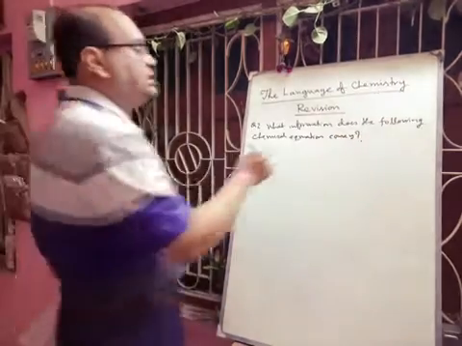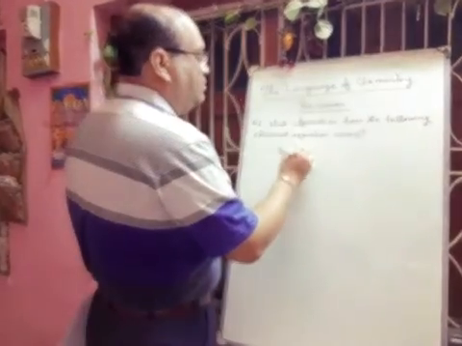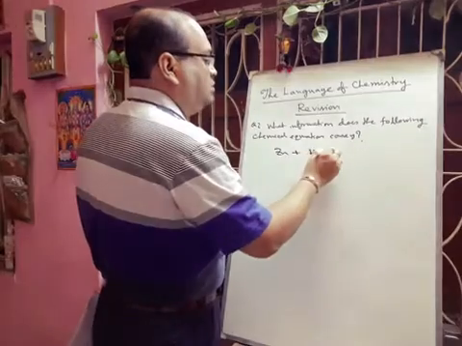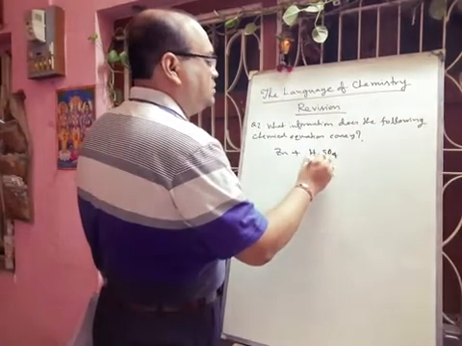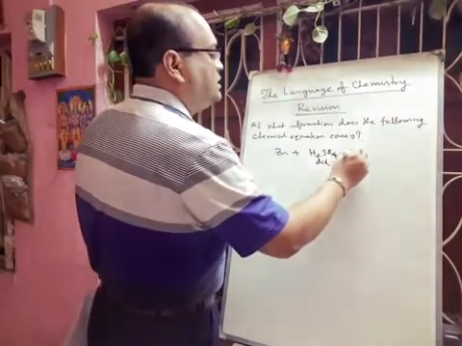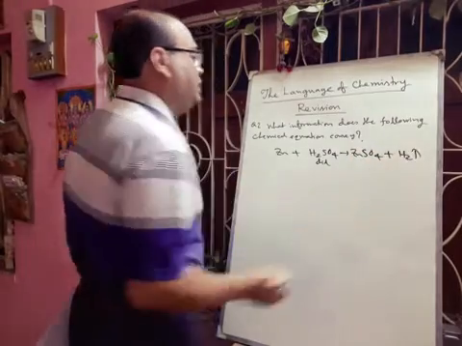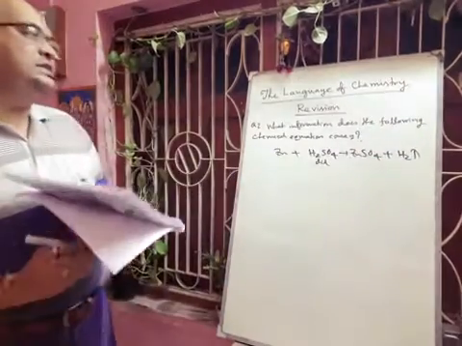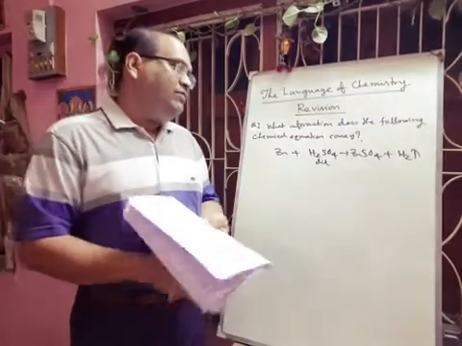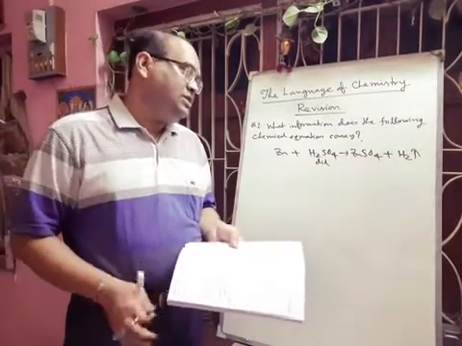So the chemical equation I am writing is Zn plus H2SO4 dilute forming ZnSO4 plus H2. In this case, you have to tell what information this chemical equation conveys.